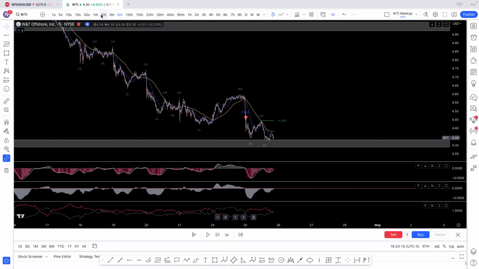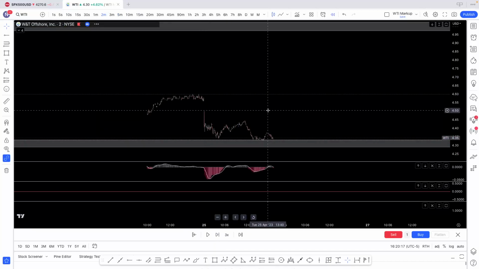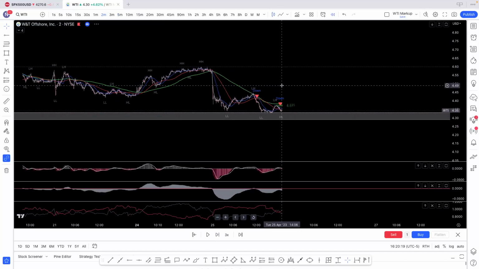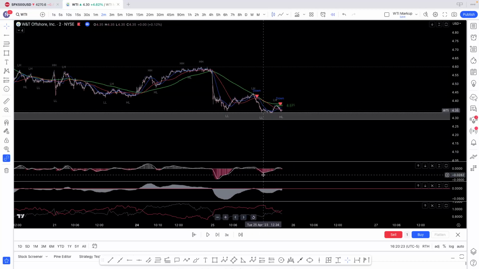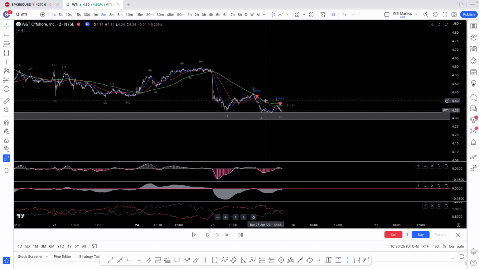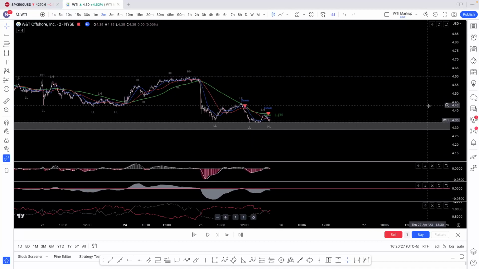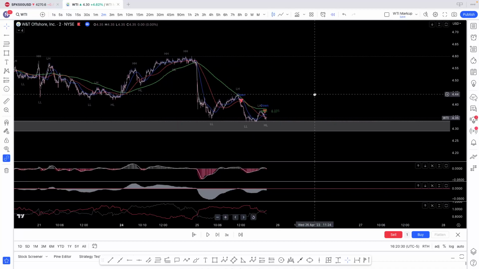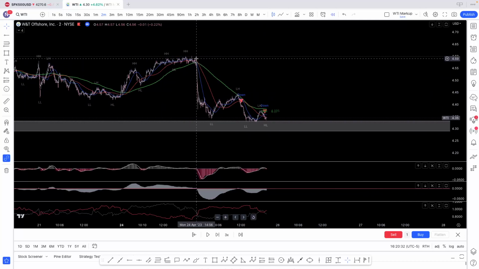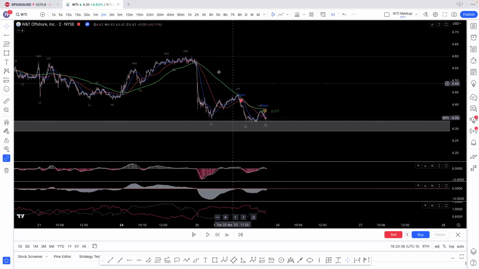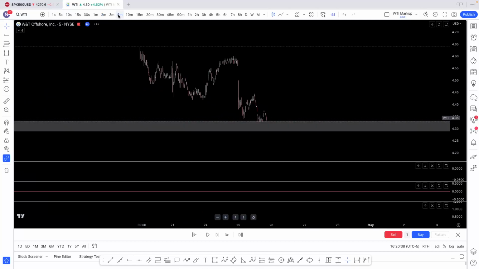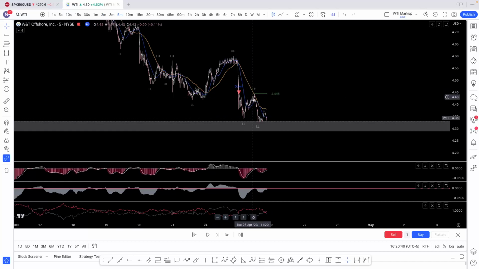All right, let me drop down to the 2 minute. I'm looking for price to go down. So, in which it did right here. However, in looking at, let's see here, I've got this particular trend, and no cross.